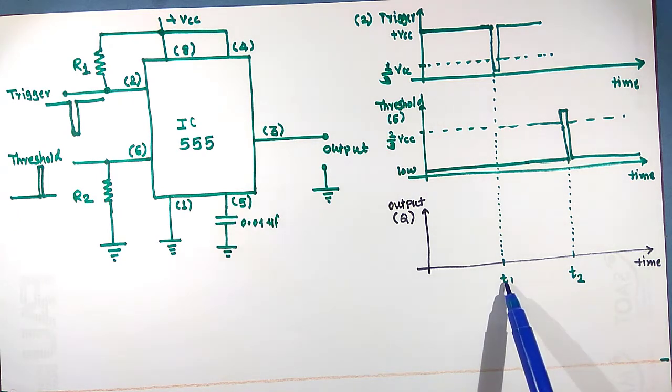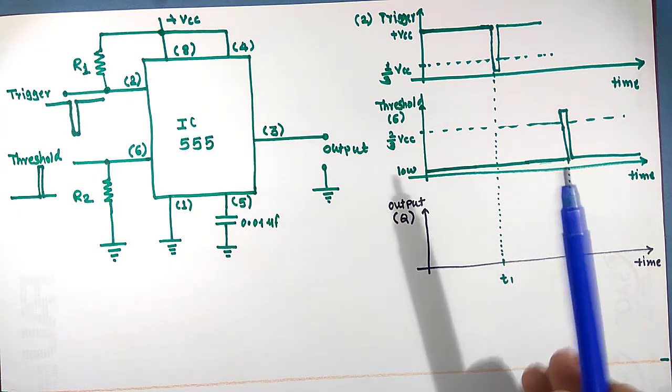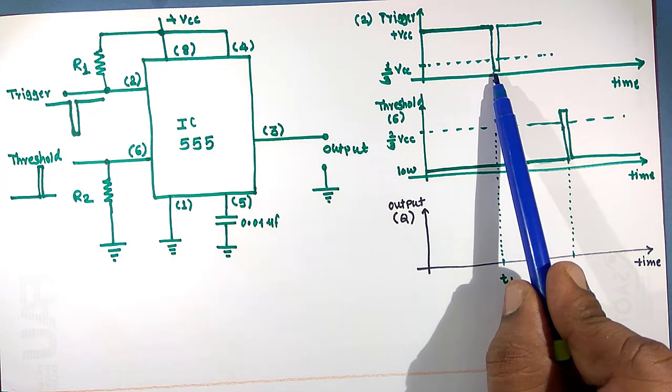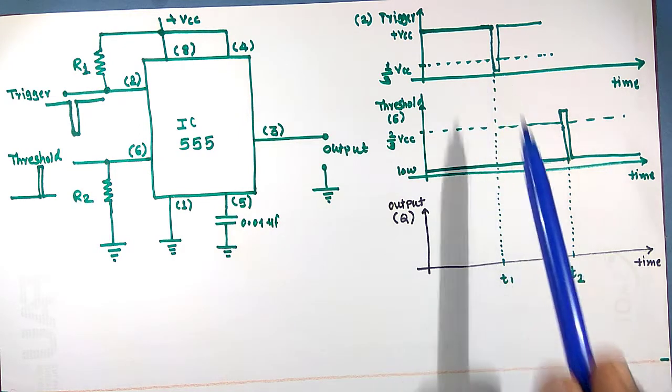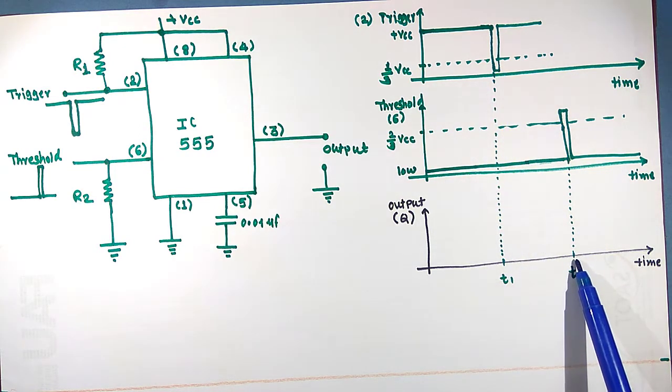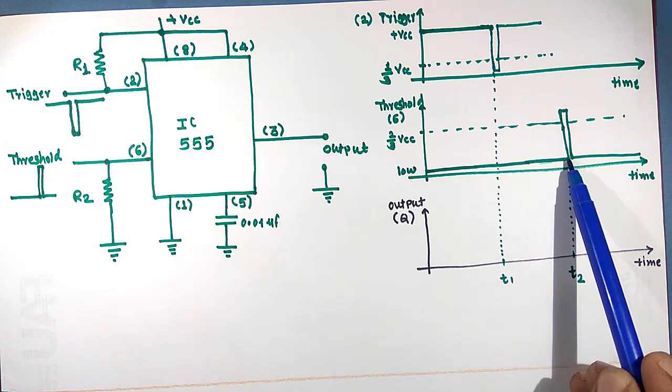This is the time instant t1 at which the trigger input signal arrives, and this is time instant t2 at which the threshold input signal arrives.